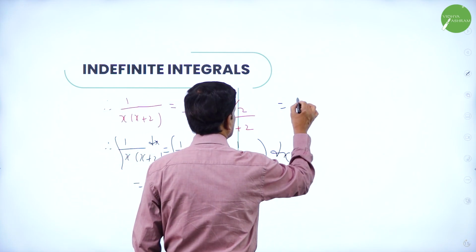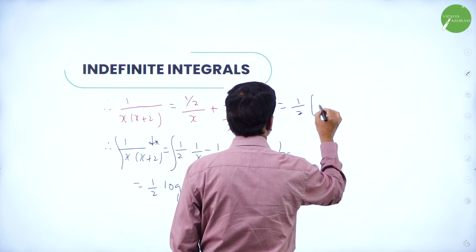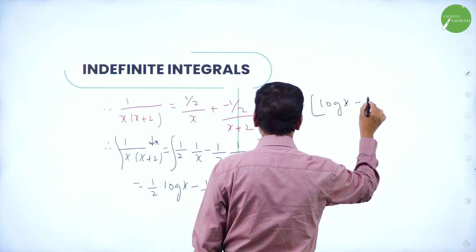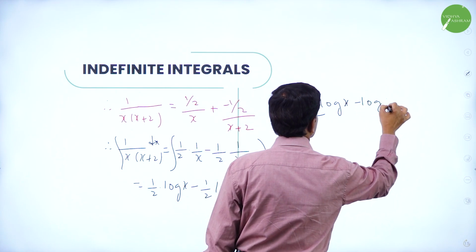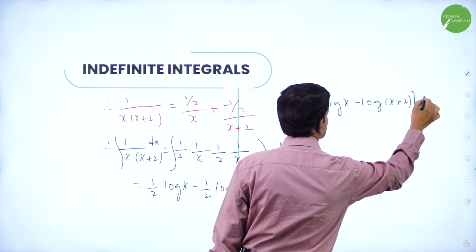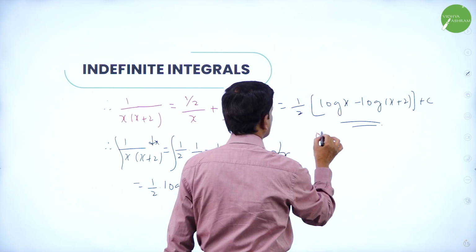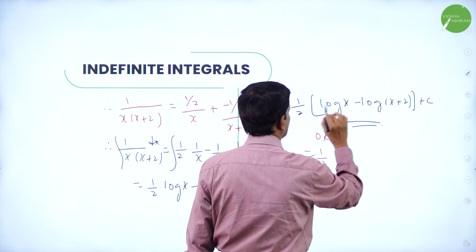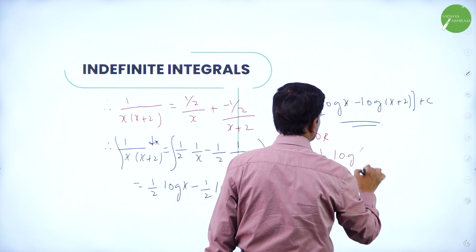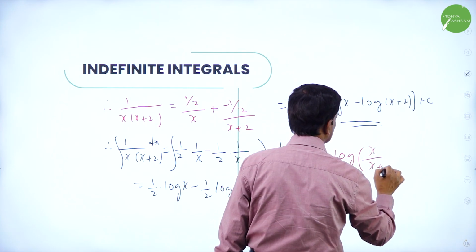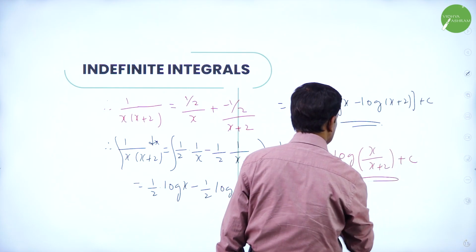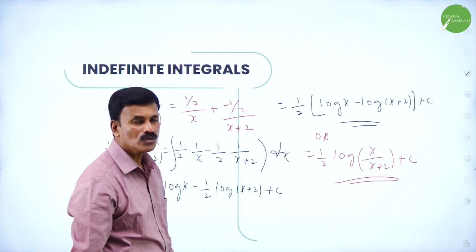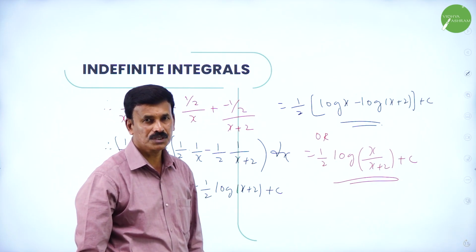You can take 1 by 2 common: 1 over 2 into log x minus log of x plus 2, plus c is the integrated answer. Or we can also write half of log m minus log n is log m by n, so half log of x divided by x plus 2 plus c is the integrated answer. Okay. So, this is again a 3-marker question.